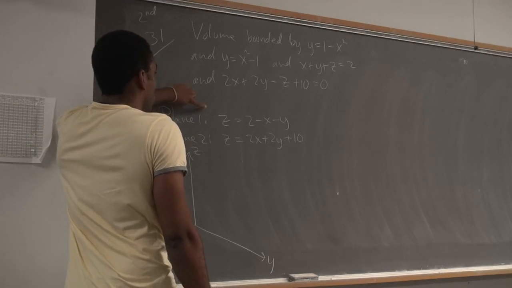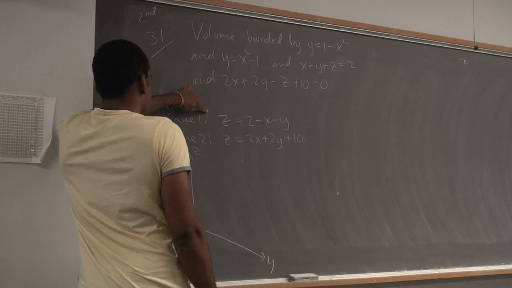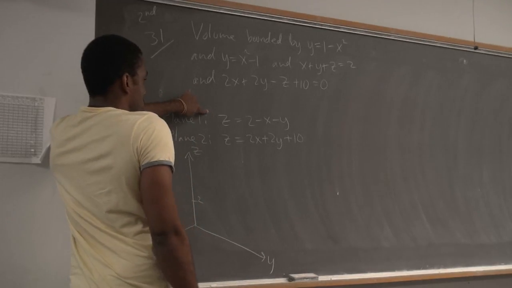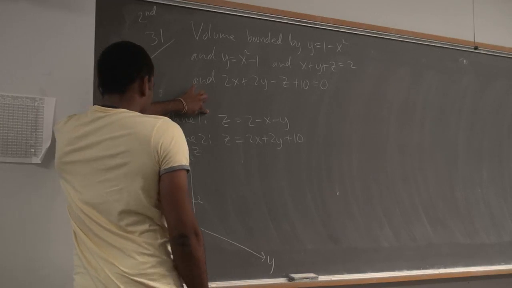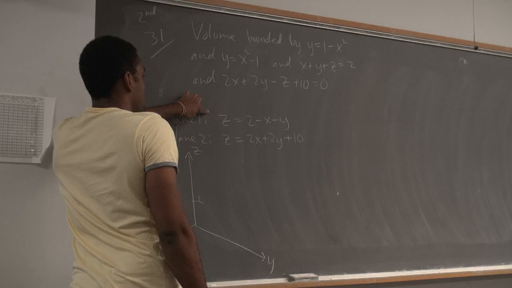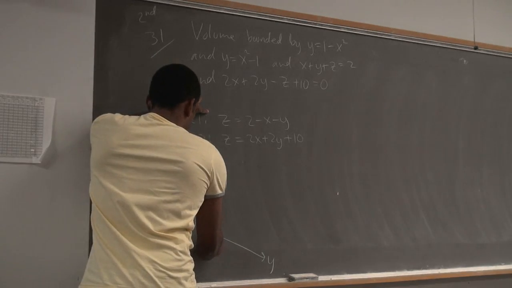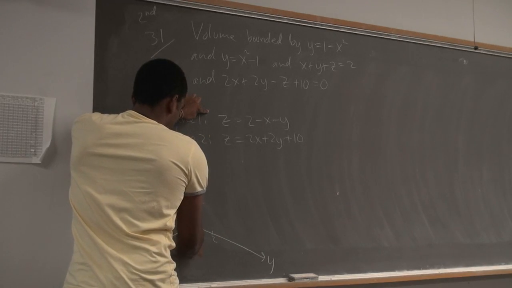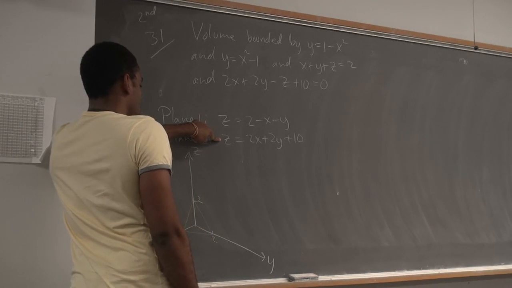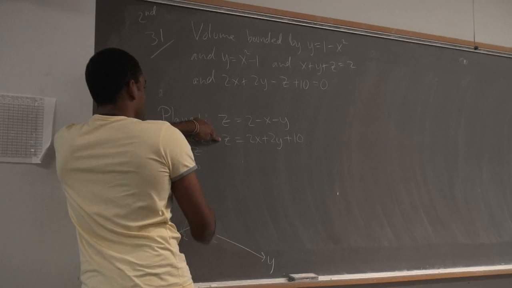if you're drawing plane 1, remember you plug in x and y equals 0, you would get z equals 2. Plug in y and z equals 0, you get x equals 2. Plug in z and x equals 0, you get y equals 2. So that's that plane here. For the other plane, plug in x and y equals 0, you actually get z equals 10.